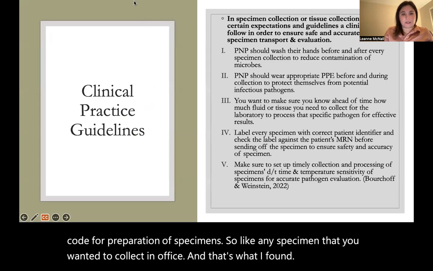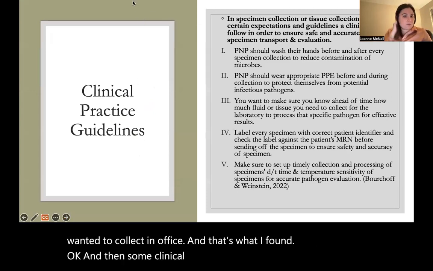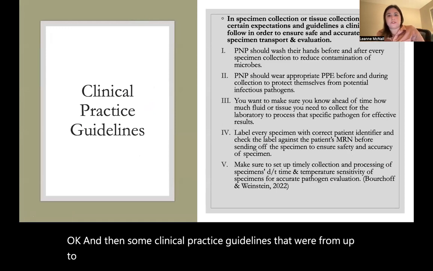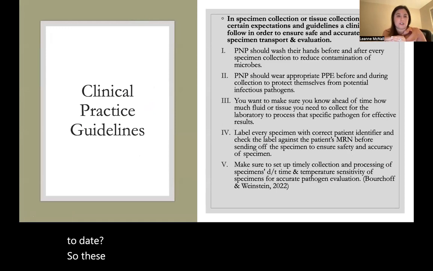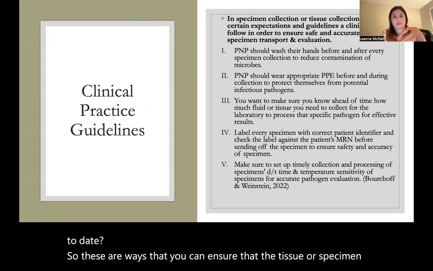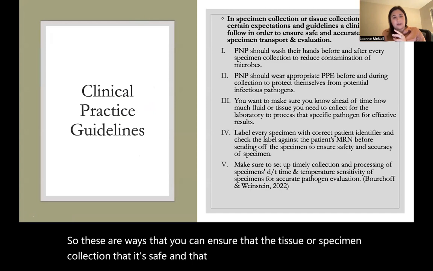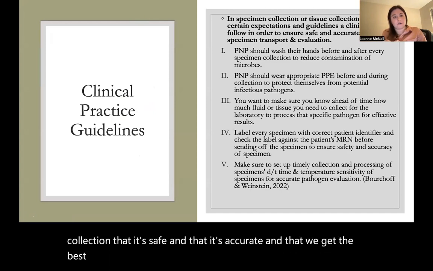Okay. And then some clinical practice guidelines that were from UpToDate. So these are ways that you can ensure that the tissue or specimen collection is safe and accurate and that we get the best evaluation of these specimens. So obviously the provider should wash their hands before and after.